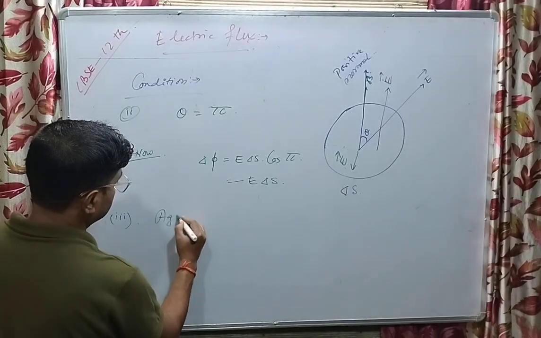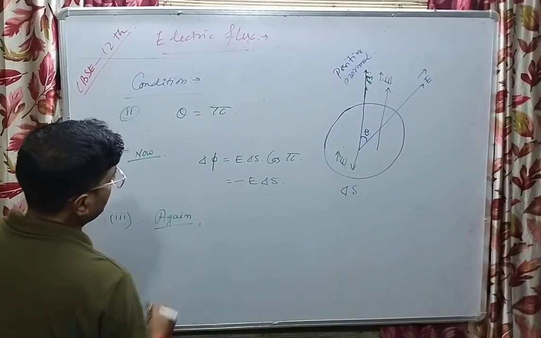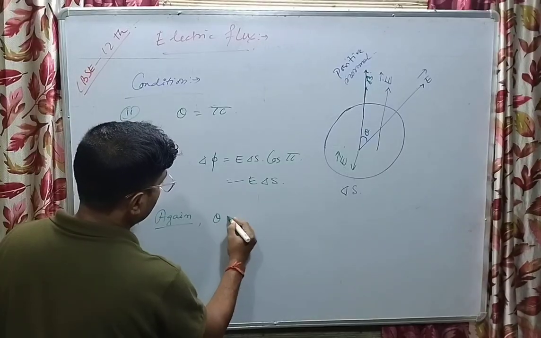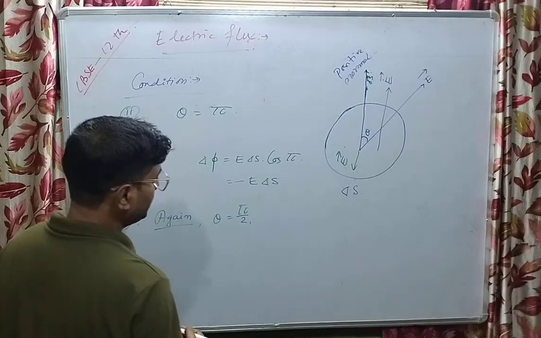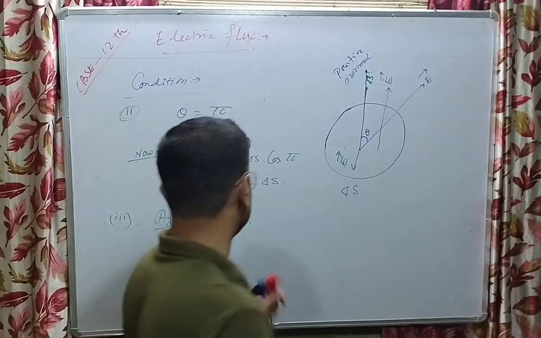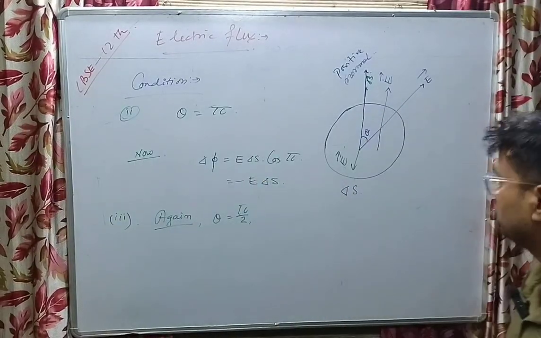Now condition number 3. If theta is equal to pi by 2, it means what?